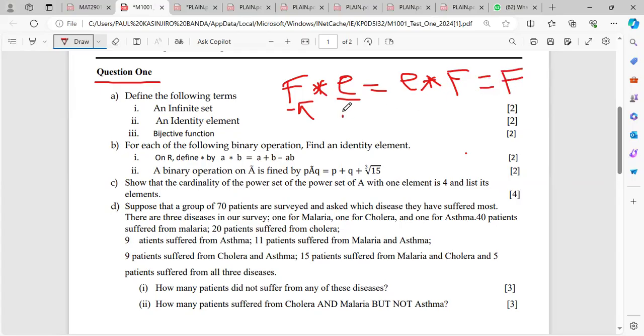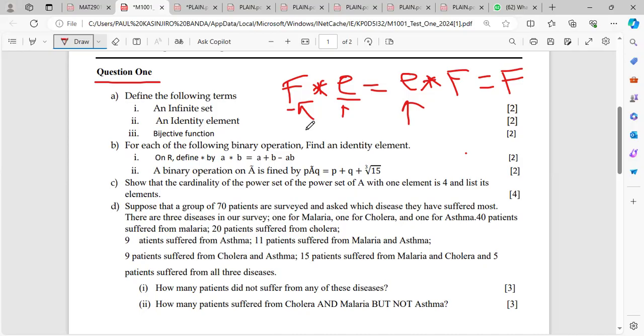So if you have an element like this one here, that has a property where if you apply it, you are getting the same thing that you started with, then we call that as an identity element, okay? So you can even switch the English as long as you just bring out the point. That's it. Whatever you start with is what you're going to end with when you apply that element, right? Okay, so that's an identity element.